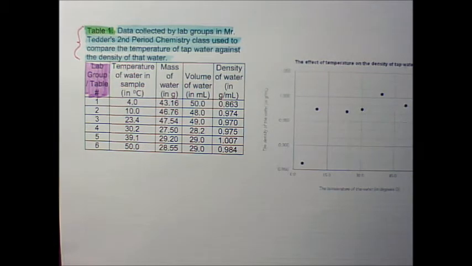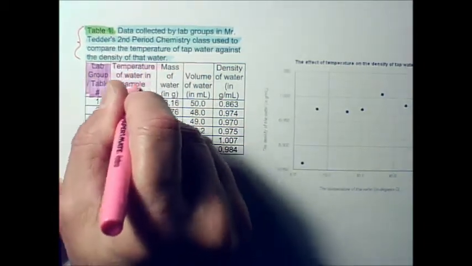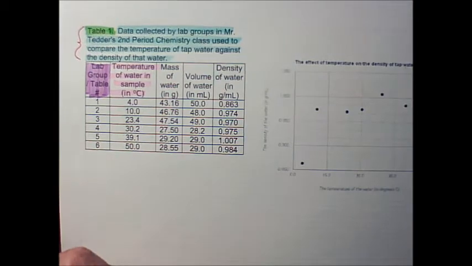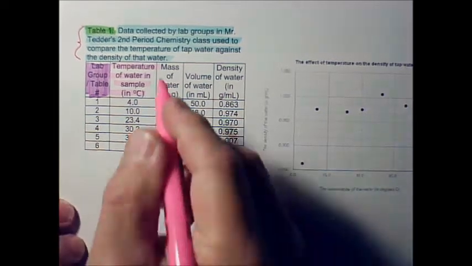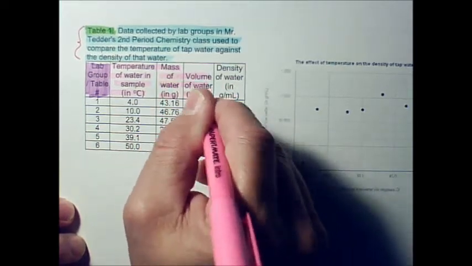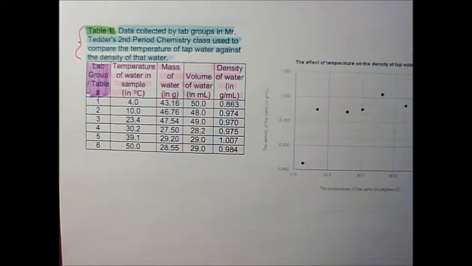However, if columns contain measurements or calculated numbers, so all four of those columns contain measurements or calculated numbers.